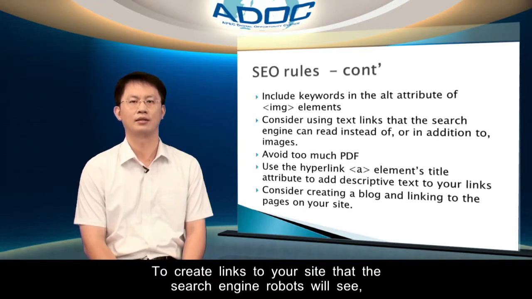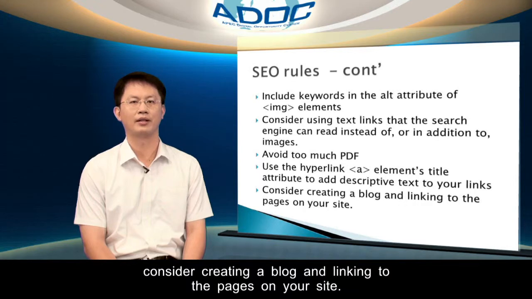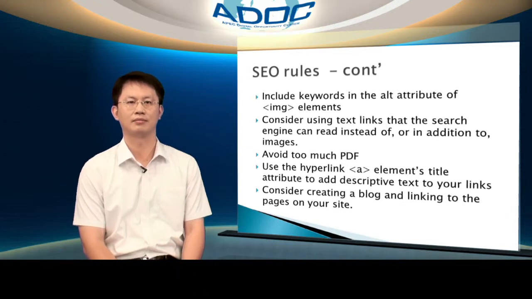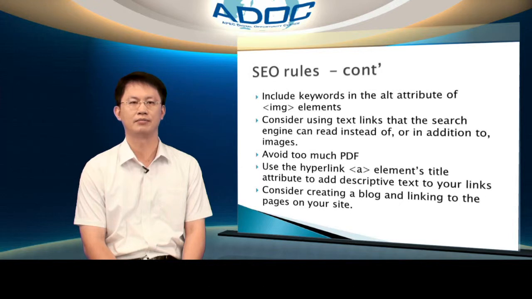To create links to your site that the search engine robot will see, consider creating a blog and linking to the pages on your site. And keep the blog up to date.